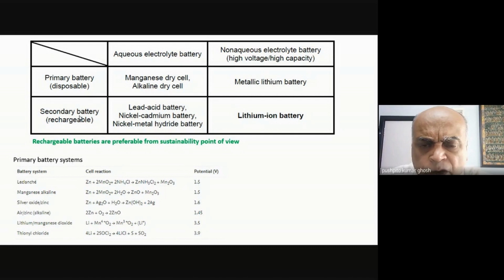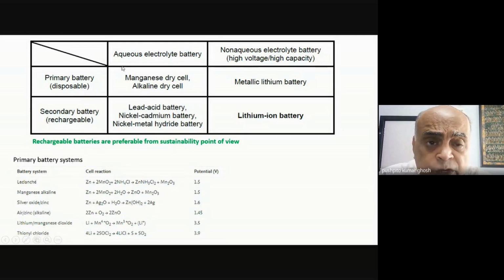You can run your mobile battery for 2-3 years at least, and the battery is fine. Every day you're charging, discharging, doing so much work with it. Whereas I find every 20-25 days I'm replacing the battery in my mouse. So obviously a rechargeable battery is much more sustainable.